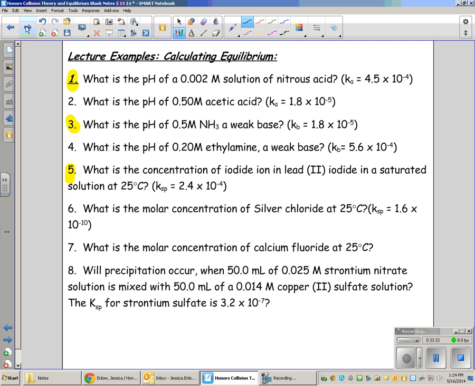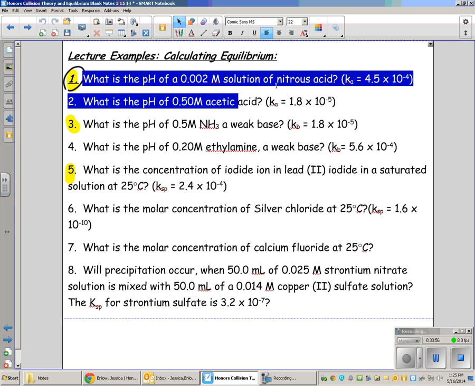You see down here on the lower left, this lecture example is the equilibrium pH of 0.002 molar nitrous acid. It's got a Ka value next to it. If you don't have that worksheet, I'll get you one too, but I just want to let you know that's there. Let's do number 1 first.